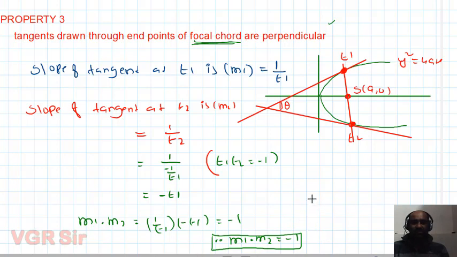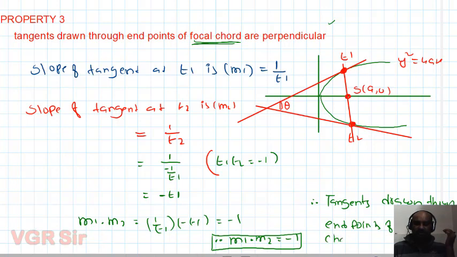Therefore, tangents drawn through endpoints of a focal chord are perpendicular. Important property. By using the tan theta formula also, you can show that theta equals 90 degrees. That is not a big problem.